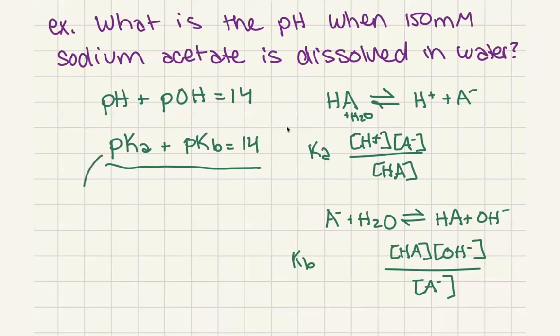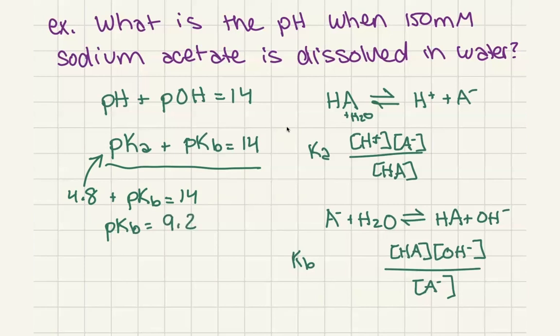We know that the pKa of the conjugate acid is equal to 4.8, so 4.8 plus the pKb is equal to 14. If we do this, we find that the pKb is equal to 9.2.